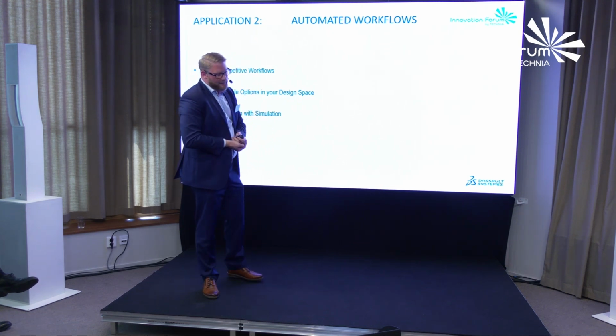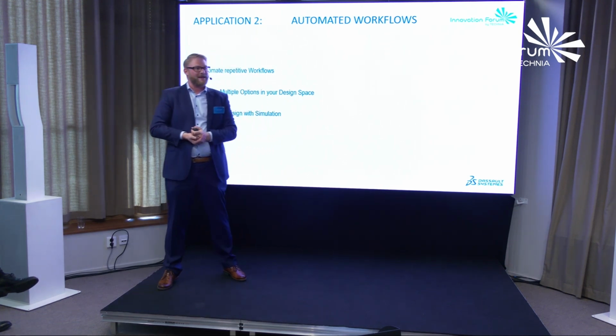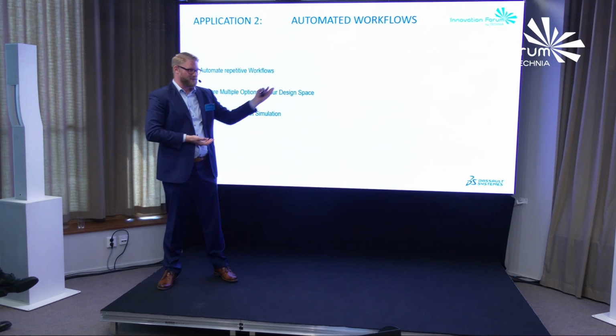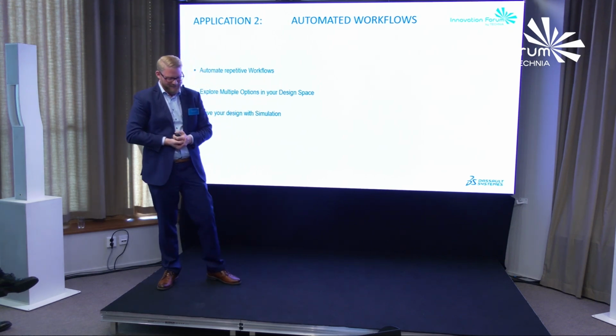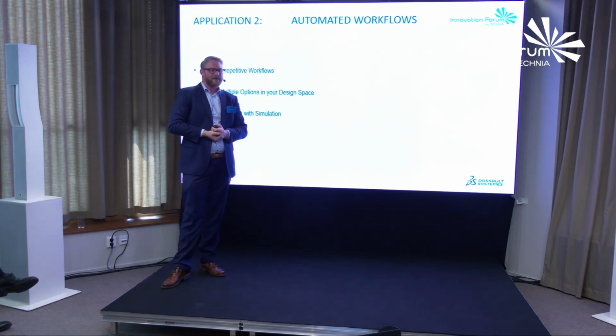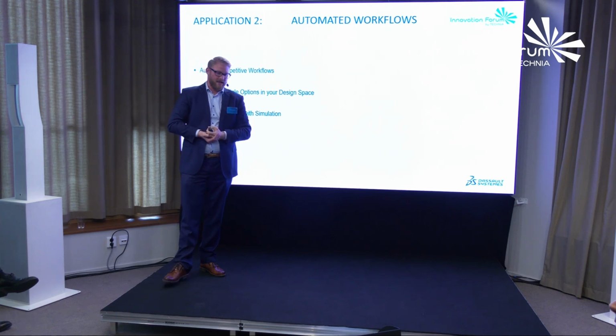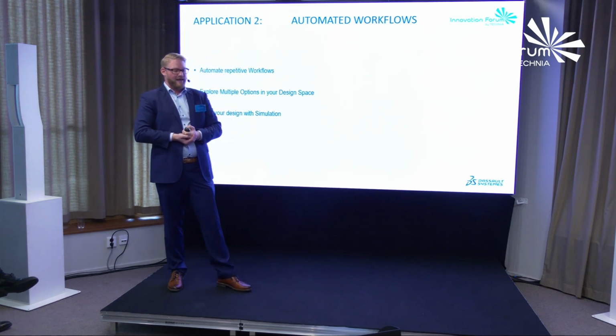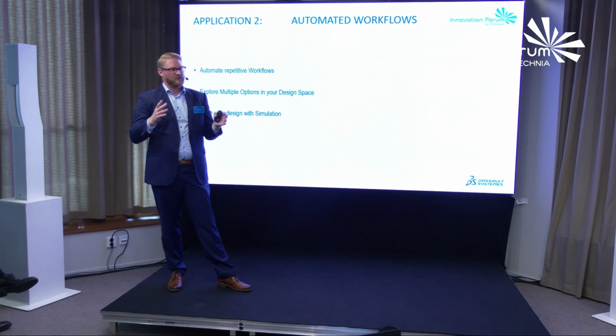Now, another example, which is going more to the high-end range, let's say, because this was really simple, right? It's nothing tricky. But we can automate highly repetitive tasks. We can explore many, many options. When you've seen the drivetrain, it's a fully parametric model.